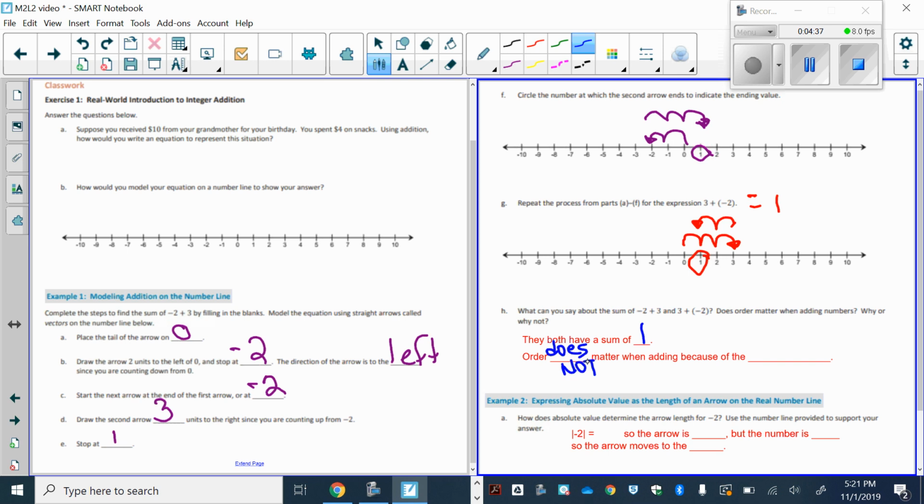Order does not matter when adding because of the commutative property.